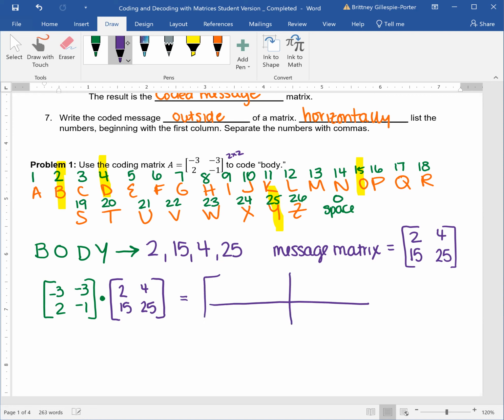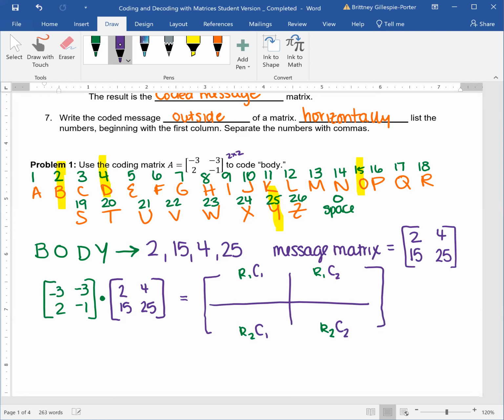So go ahead and set up a matrix that has 2 rows, 2 columns. I'm going to go ahead and label these so it helps with the multiplication. The top, remember, is row 1. Bottom is row 2. And then we'll have column 1 and column 2.